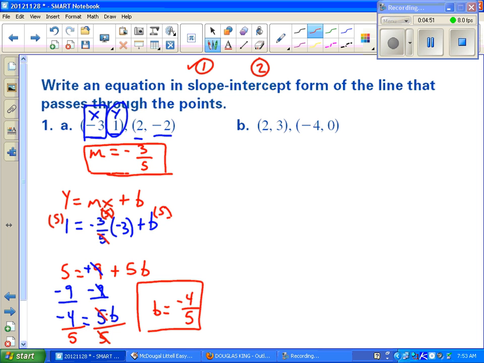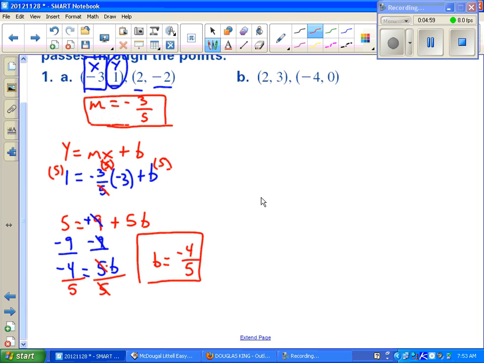M's value is negative 3 over 5. So your equation is y equals, and I'm actually going to roll it down, put it at the bottom. Your equation is y equals, and then leave a space, x, and we're going to plug in our m value, which is negative 3 over 5, in place of m.